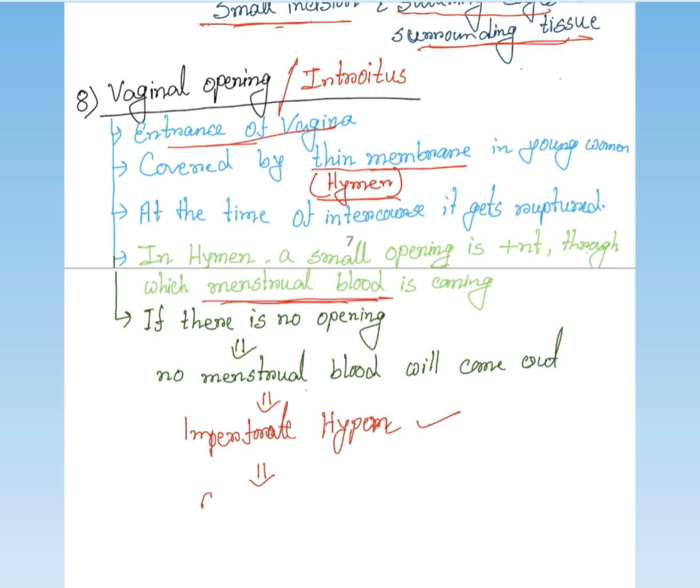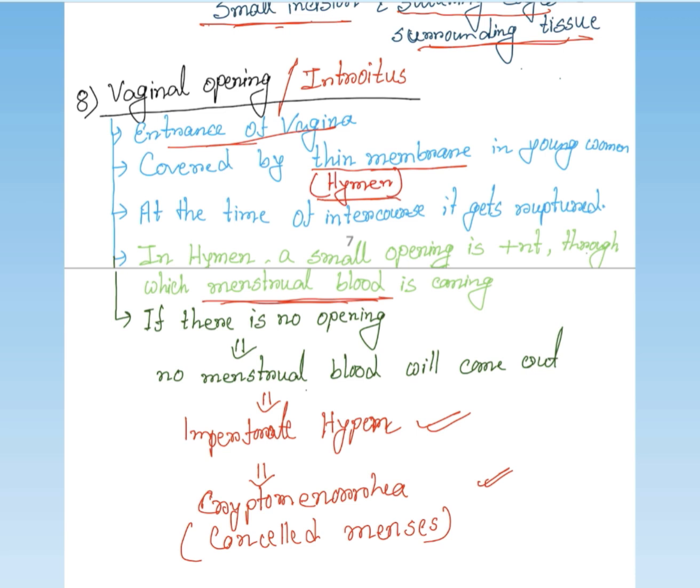So this is called imperforate hymen, and the condition is called cryptomenorrhea. In case of cryptomenorrhea, no opening will be there and the situation is called concealed menses. Means menses will be there, but there will be no menstrual blood coming out. So that is all about your cryptomenorrhea or imperforate hymen.